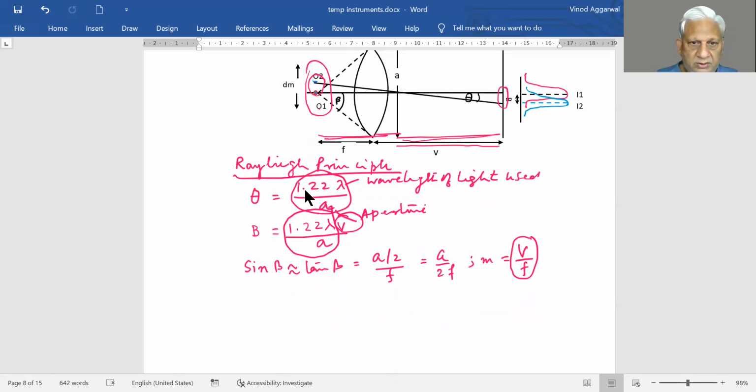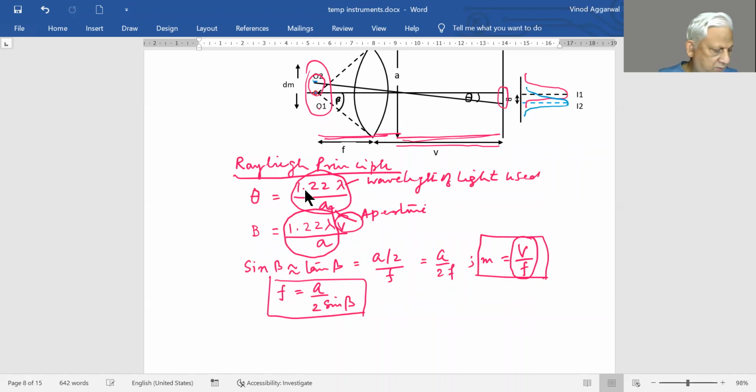If we use this relationship, our F is equal to, this is one relationship and this is another relationship for magnification. So our magnification becomes V divided by this value.